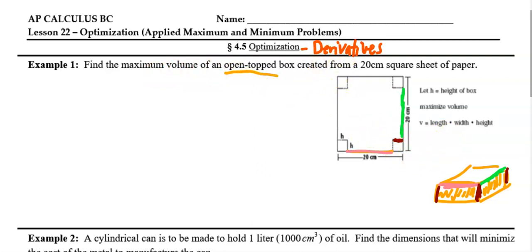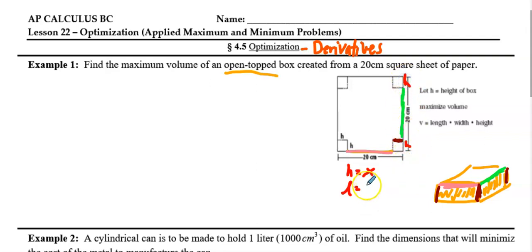So let's do that first. Let's go ahead and rewrite these dimensions in one variable. I'm going to go ahead and call my height equal to x. So that's my height. Now my length, which is going to be this guy right here, is going to be equal to, so the whole thing is 20, remember, but I'm taking out this h and this h.